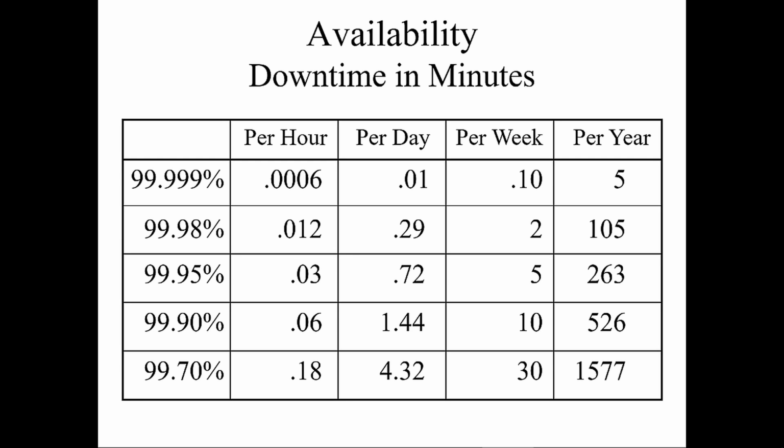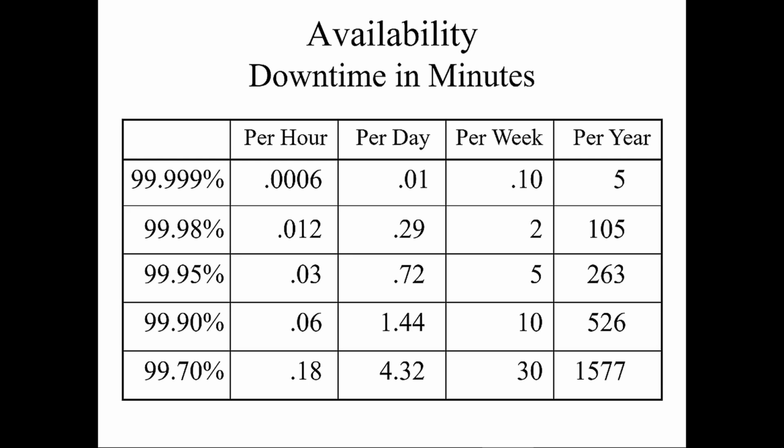That's 5 minutes per year. If we are looking at 99.98, we're looking at 105 minutes per year. 99.95, 263 minutes. You see how, even though it's 99% uptime, the digits after the decimal kind of make a huge difference.